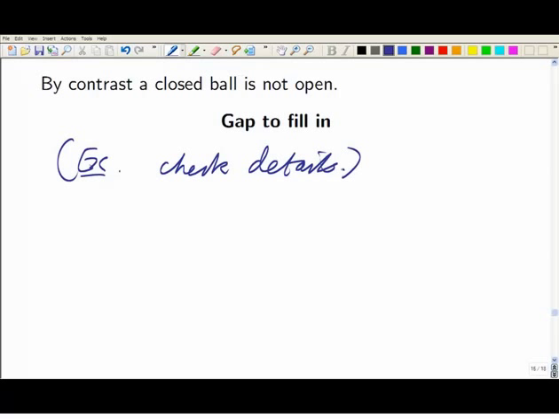A closed ball is not open. I'm not going to prove this. I'll just draw you the picture. It'll be an exercise to check the details, but this will be a standard fact that you can quote.